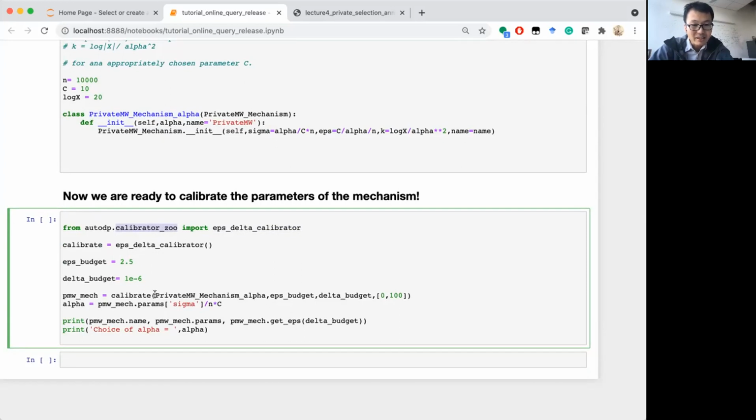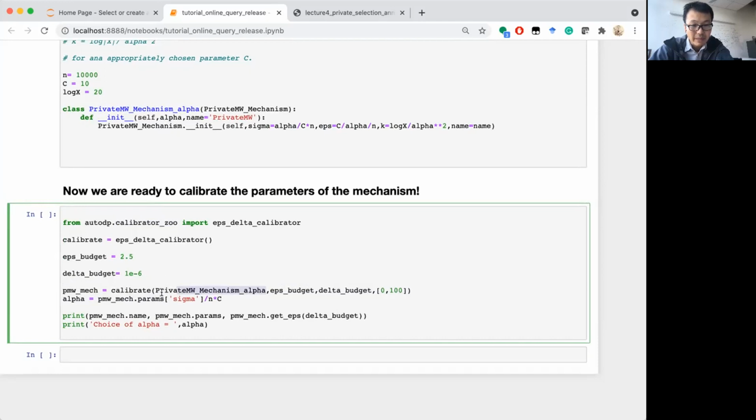So you pass this mechanism class, private multiplicative weight mechanism, described by a single parameter alpha, and then you choose your desired privacy budget, say in this case 2.5 for epsilon and 10 to the minus 6 for delta. And then that's basically it. And then you can run this and just read off the right choices of these parameters by just looking at the parameter dictionary that's already encoded in this mechanism object, right?